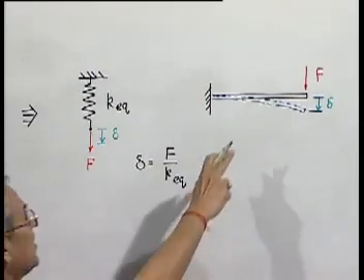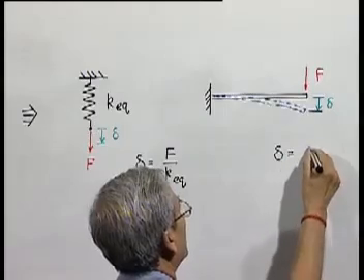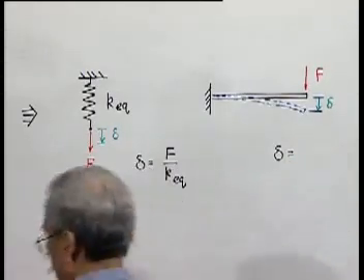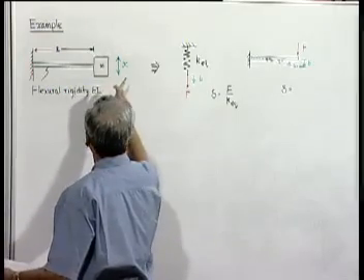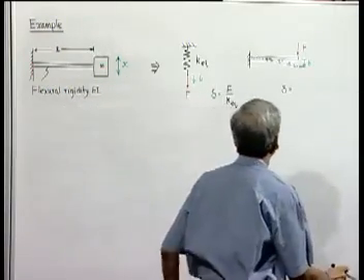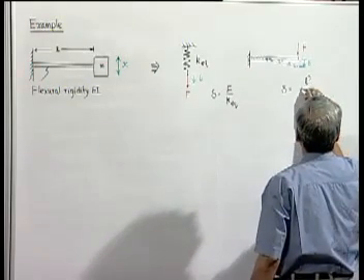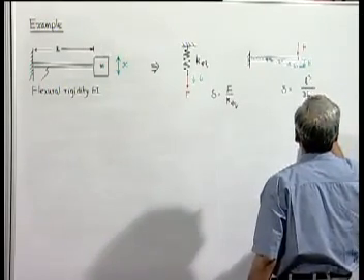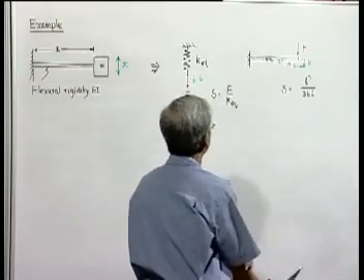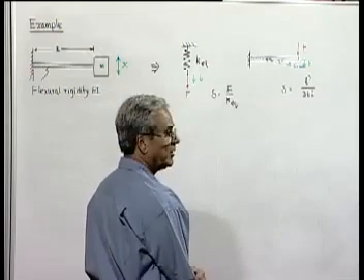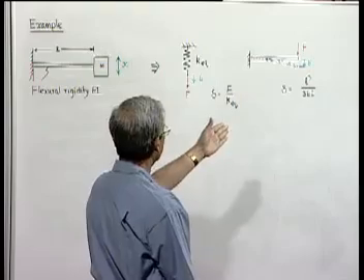How much is the deflection of the beam? Here we know delta is equal to, the flexural rigidity of this is given, so, therefore, it is going to be F L cube by 3 E I. It is from beam theory. For simple cantilever beams, deflection at the free end is given by this.